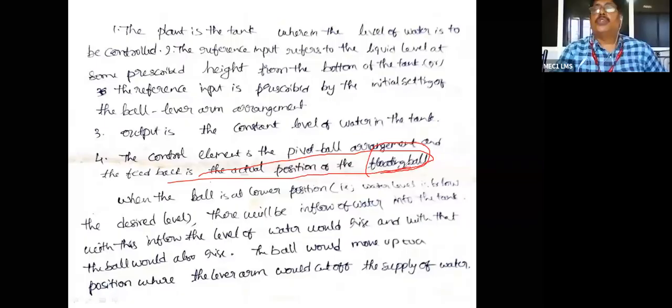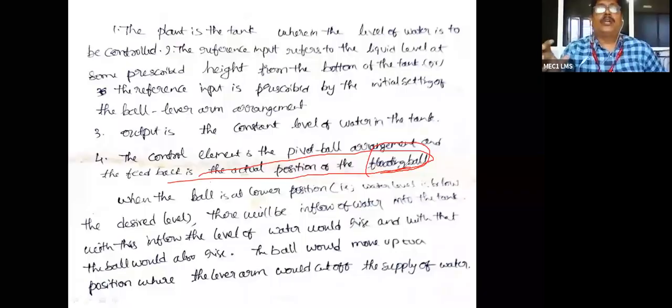Feedback means if it is not maintaining a constant level, then automatically the float ball may rise up or drop down. With the help of this floating ball, which in turn deflects the pivot, we can consider the floating ball as the feedback.